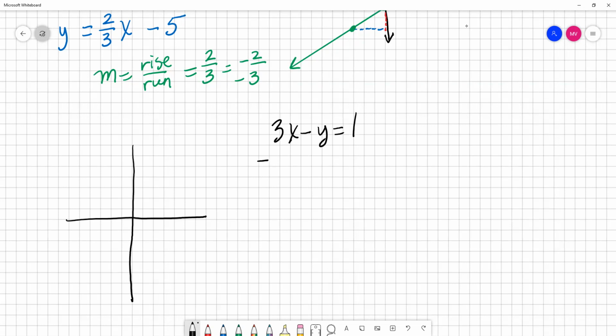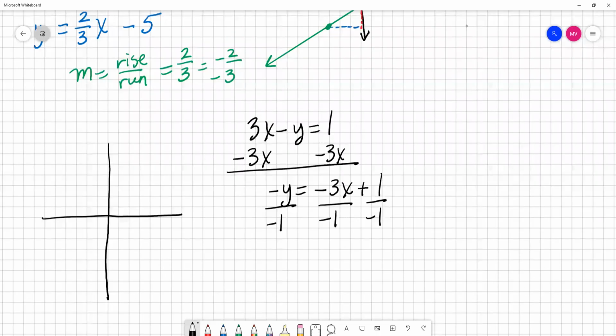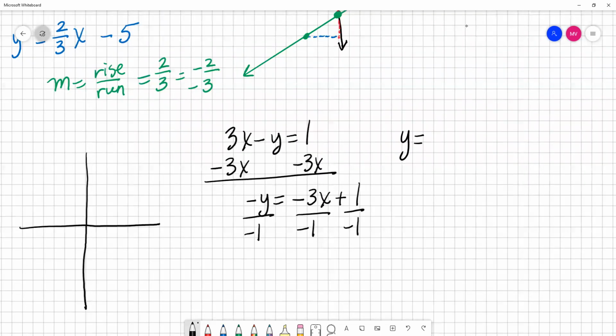So we subtract 3x from both sides, and this becomes negative y equals negative 3x plus 1. But we can't leave that negative, so we divide by negative 1. So you end up with the slope-intercept form y equals 3x minus 1, right? All right, so what's your slope? 3.